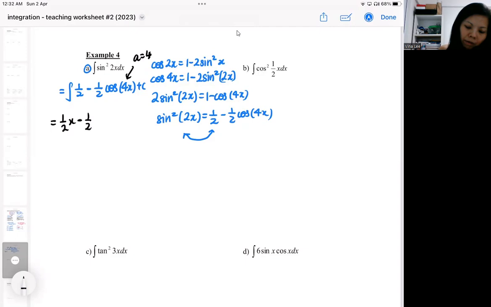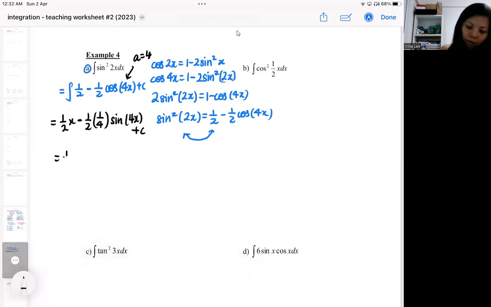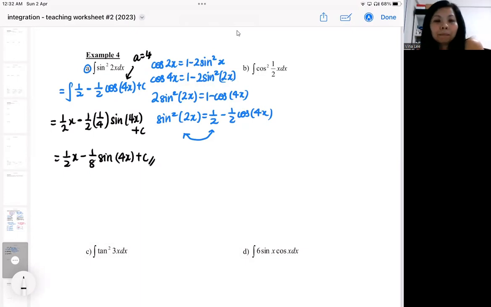So my second block of formula will be 1 over A sine 4x plus C. So this has an additional layer of manipulation. You need to remember the property of double angle, which allows you to double up.